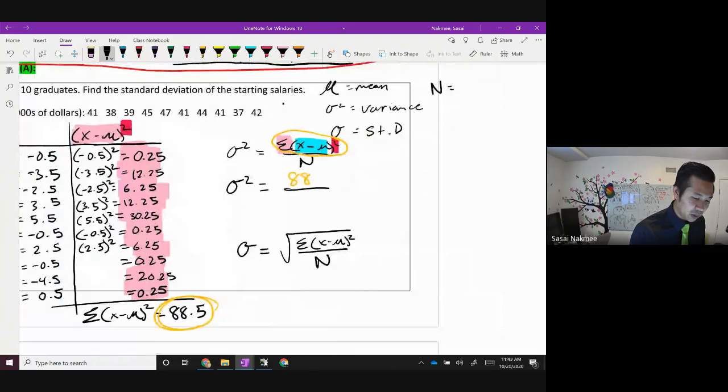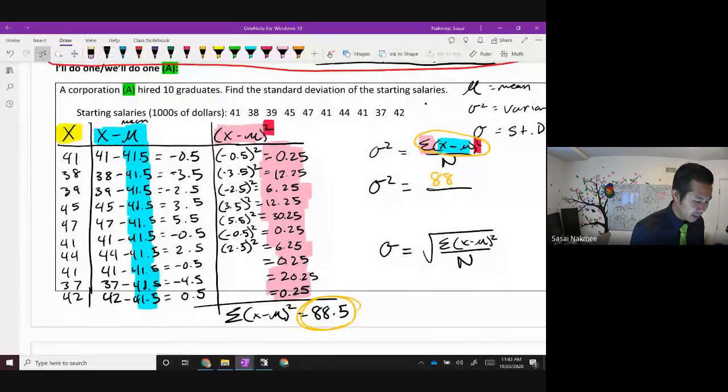N is equal to the population size, or in other words, how many data points you have in your data set. In this case, my n is 1, 2, 3, 4, 5, 6, 7, 8, 9, 10. My n is equal to 10.